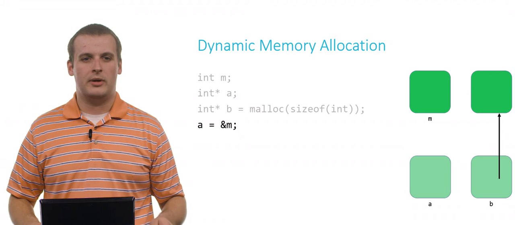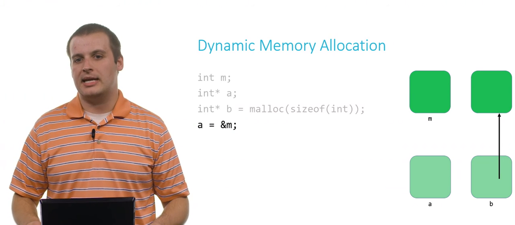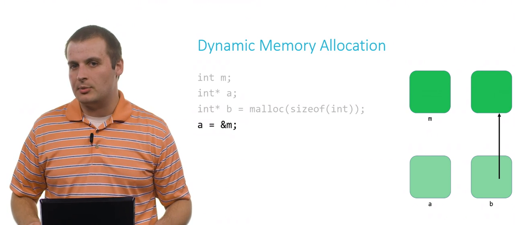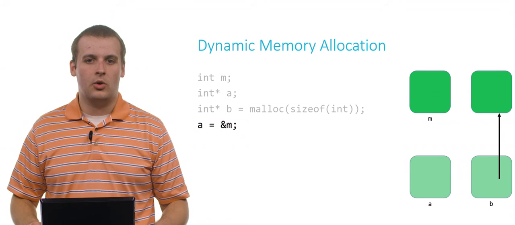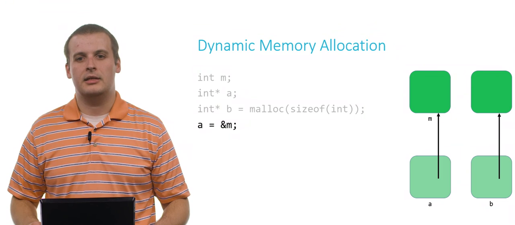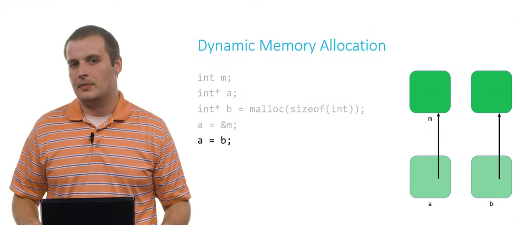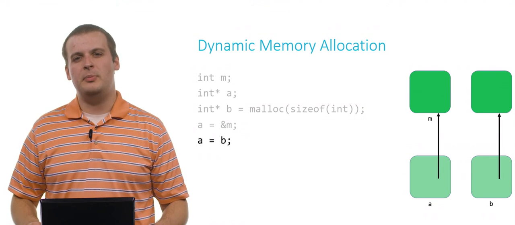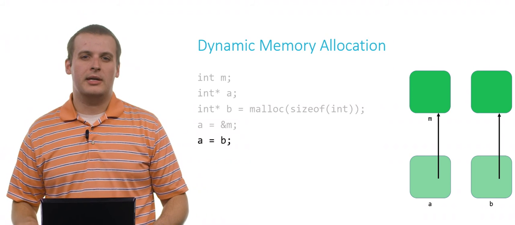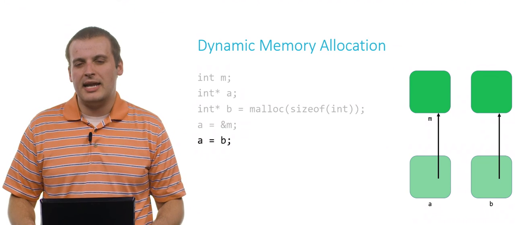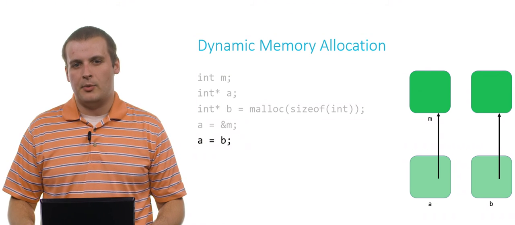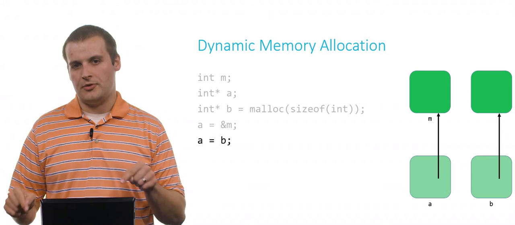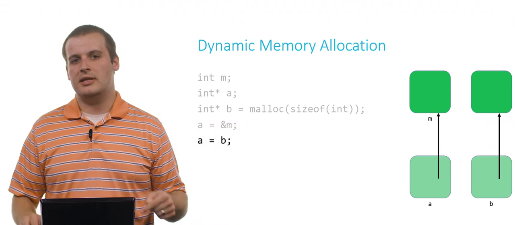Now I'll get a little more straightforward again. a equals ampersand m. Do you recall what a equals ampersand m is? Well, that's a gets m's address, or put more diagrammatically, a points to m. a equals b. OK, so here's another one. a equals b. What's going to happen to the diagram this time? Well, recall that the assignment operator works by assigning the value on the right to the value on the left.